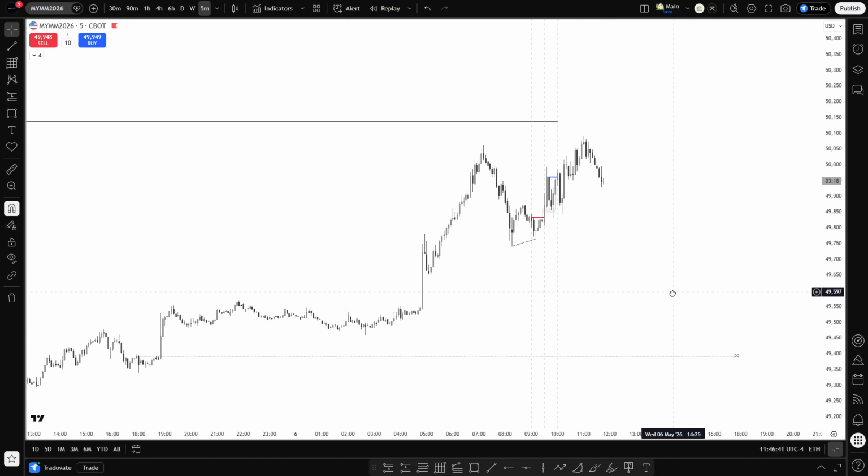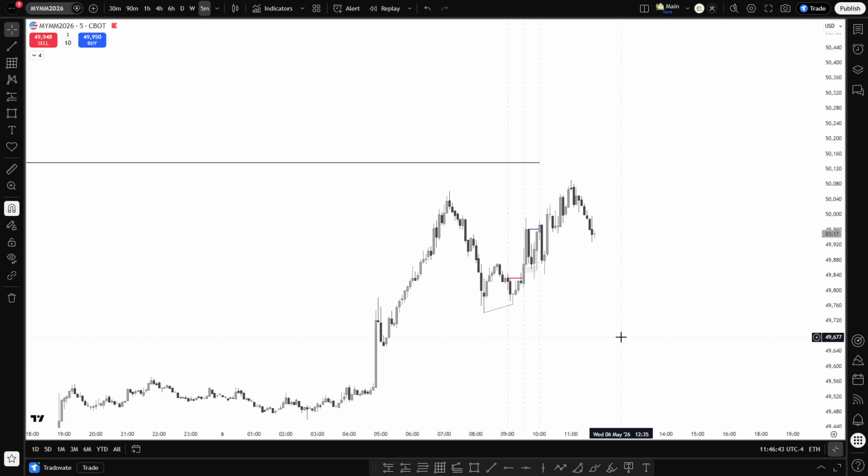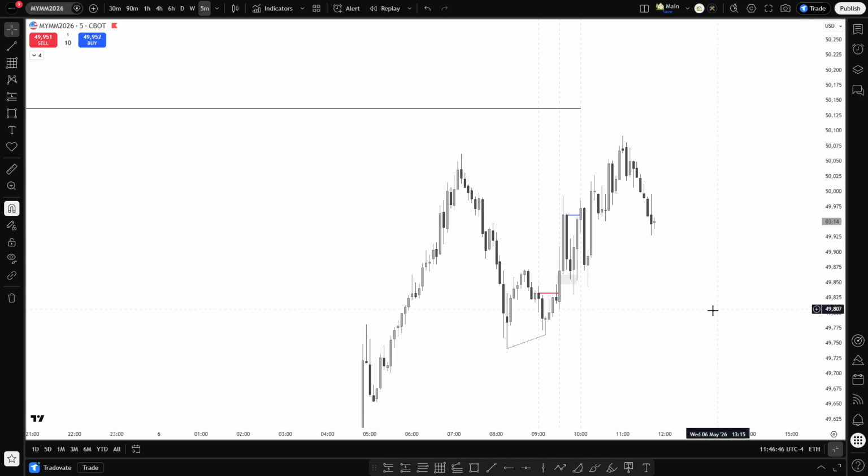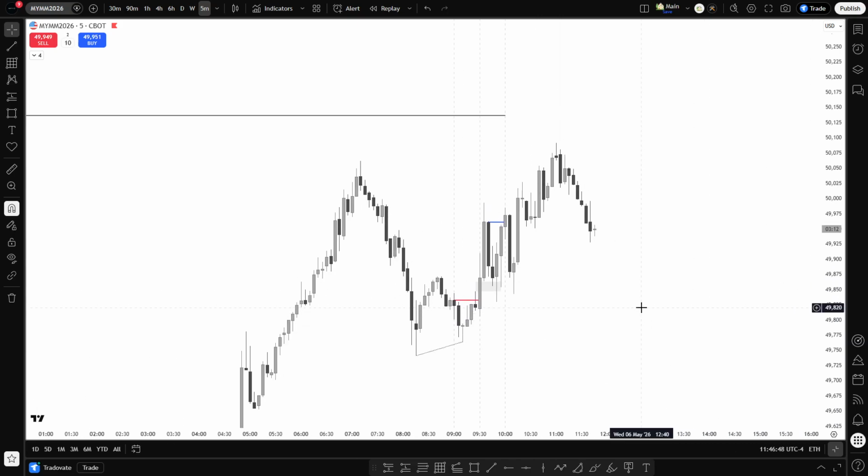Second lesson I think that I learned is price offered so many 1R opportunities. Like I've realized that when I pass my evaluation phase for the Lucid Prop Firm, I go into the funded phase, right? I'm gonna have to make 5 winning trades of $150 at least per trade.